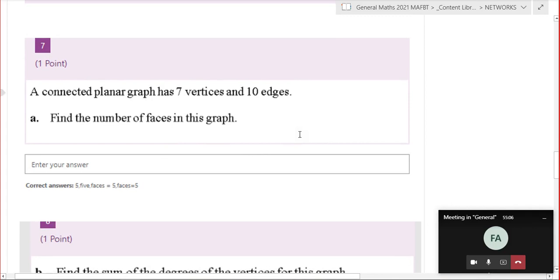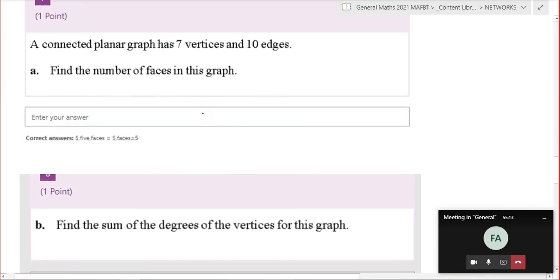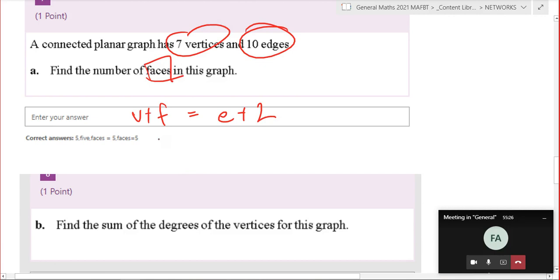This question: a connected planar graph has 7 vertices and 10 edges. Find the number of faces in this graph. So this is where you use Euler's formula: V plus F equals E plus 2. In this case, you've got 7 vertices, 10 edges. How many faces? So you've got 7 plus F equals 10 plus 2.